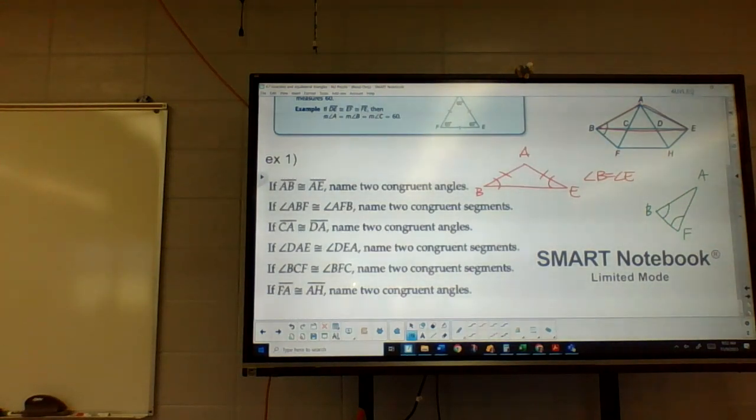So they're telling us that we have 2 congruent angles. They're asking where do our congruent segments need to be then? This is trying to get you to see the idea with isosceles and the sides and angles. Where would the congruent segments be if those are my equal angles? You see it?